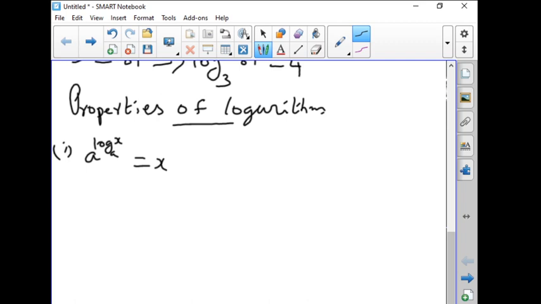In general, we also take it like this: e power log x to the base e is equal to x. See here, this base and the logarithmic base both should be the same. When both are the same, we can write it is equal to x.